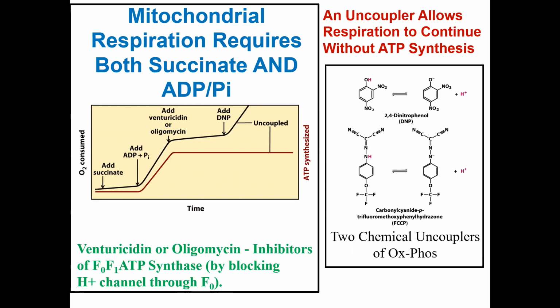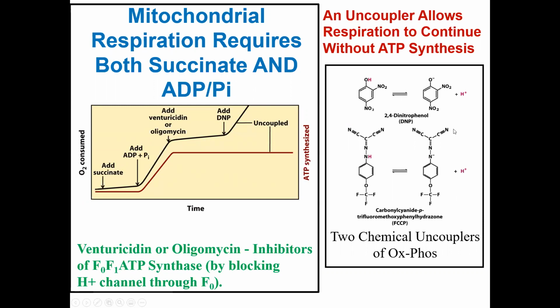The gradient that was generated between the N side and P side of the mitochondria is totally dissipated, which means destroyed. Why? Because these molecules will go in and release the proton in the cytoplasm, and therefore they will screw up the gradient.